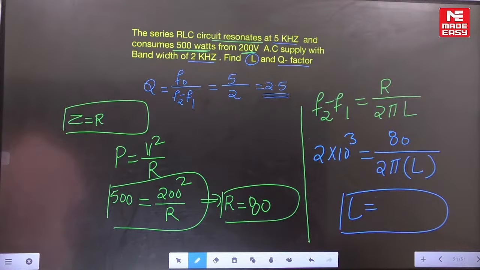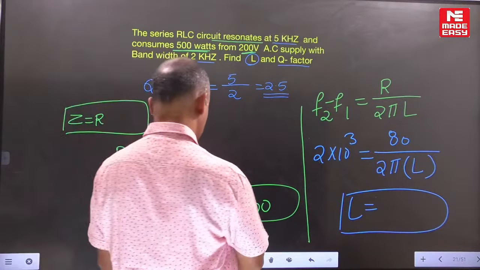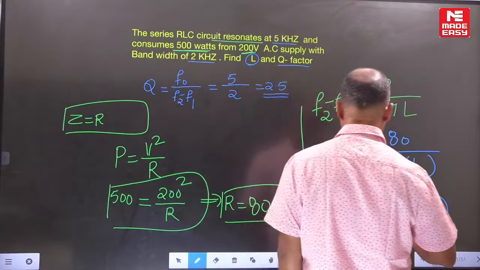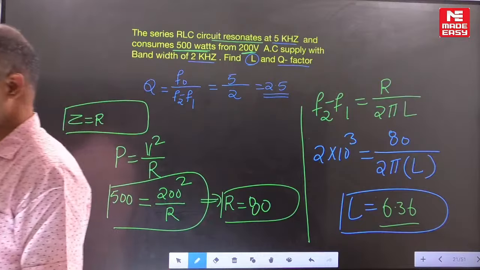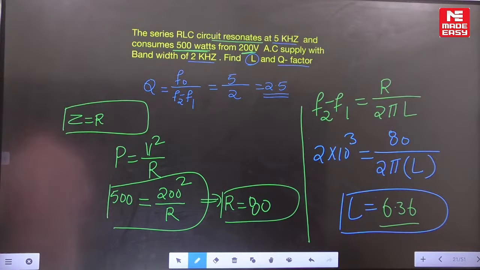Check it out, 6.36. Many students are saying 6.36. Is it Henry or millihenry? Give the reply.